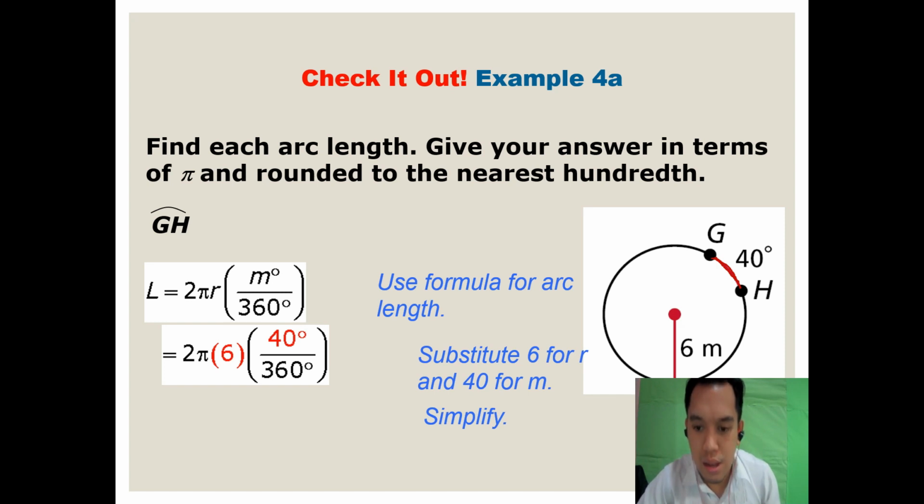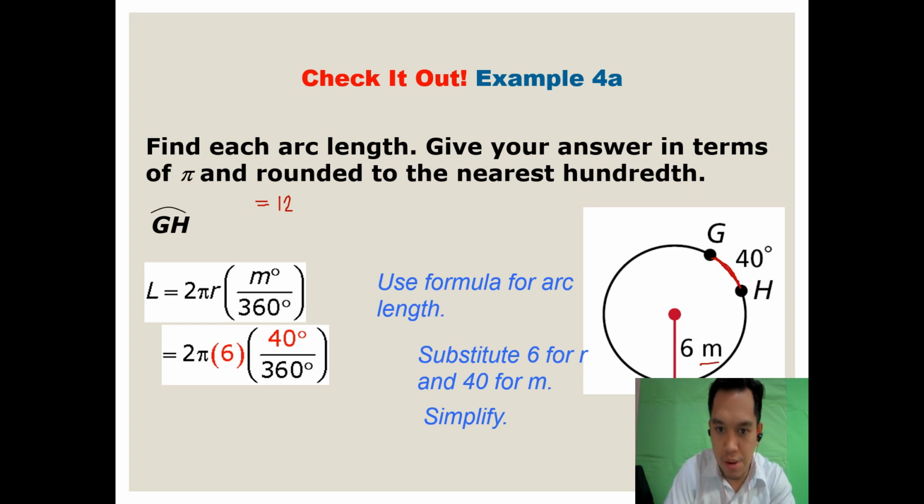Okay, so to simplify that one, pwedeng ito class, i-multiply mo na kaagad ito, si 2 pi times 6. So yan ay magiging 12 pi. So that will become 12 pi. Okay, wag mong kakalimutan yung unit natin na m ha.